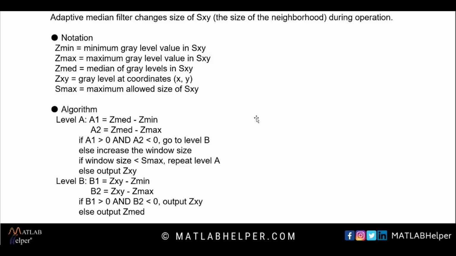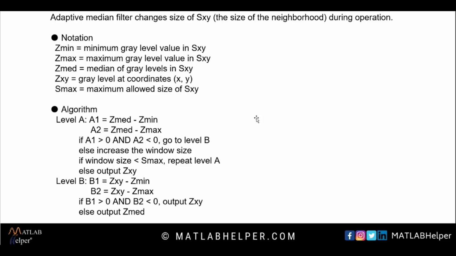So Z minimum is the minimum of that whole window. Z maximum, maximum gray level value in SXY. Z median, median of grayscale levels in SXY. Zxy, gray level coordinates x and y, meaning the center pixel.